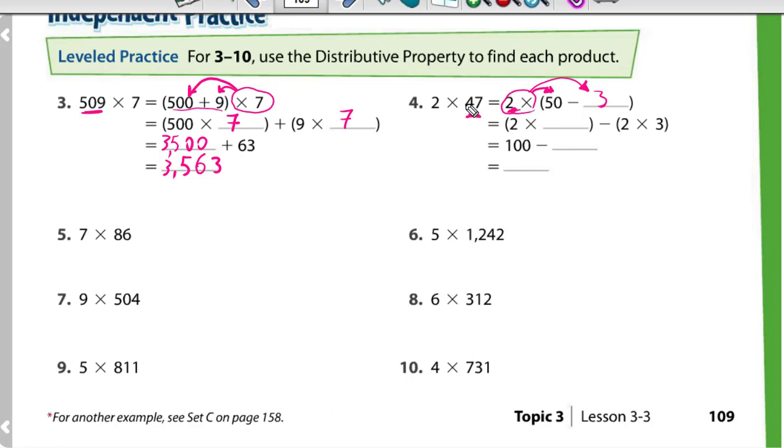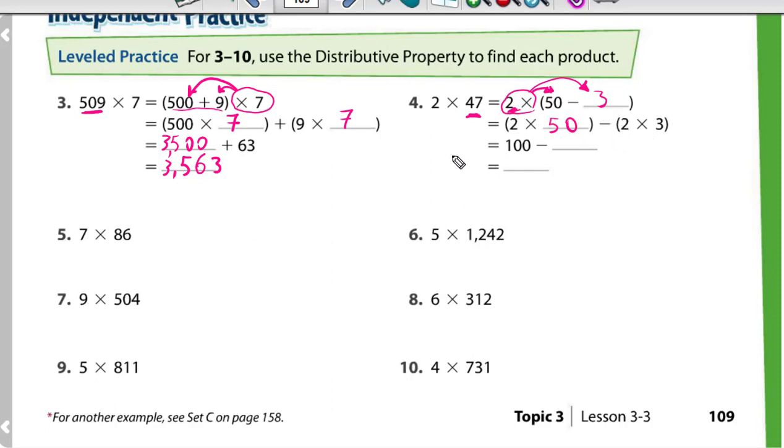Don't go back. We go forward. 2 times the first and 2 times the second. Look at your screen. So 2 times what? The first? 2 times 50. Good. And 2 times 3.